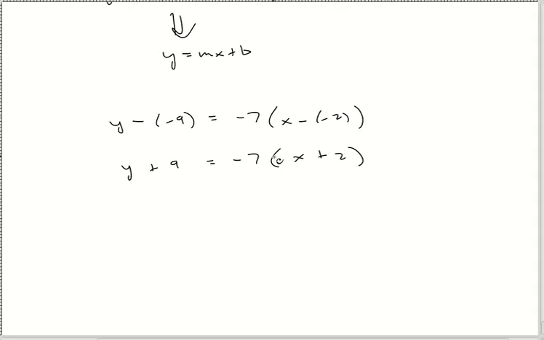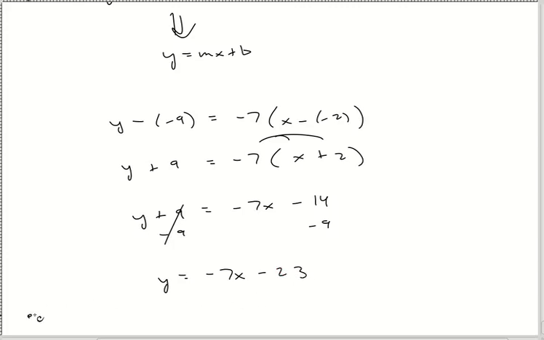I guess what I could do is I could distribute that negative 7. So negative 7x minus 14. Let's add the 9 on both sides. So negative 7x minus 23. Cool. And that would be my answer, right?